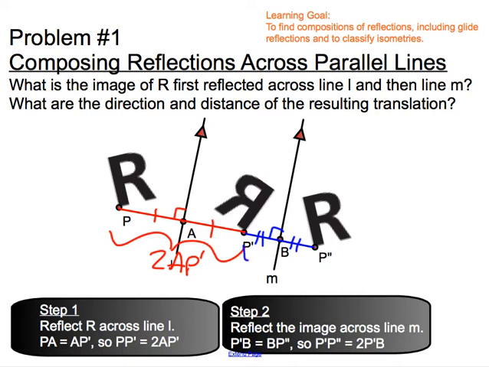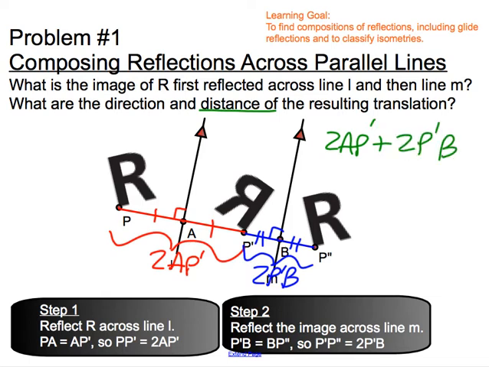So here this distance is going to be twice the distance from P prime to B. First let's deal with the distance of the resulting translation. We have twice the distance from A to P prime, and we add to that twice the distance from P prime to B. These both have a 2, so let's factor the 2 out.